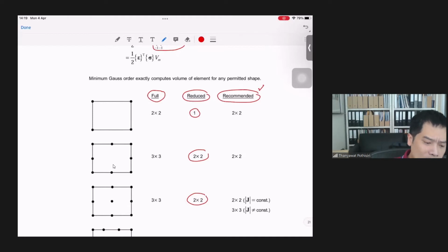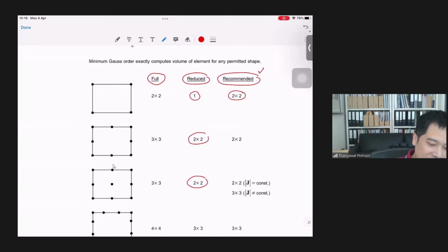Okay, so for 4-node element, even though you can use a reduced order of integration of 1 sampling point, the recommended order would still be a 2 by 2. Okay. For 8 nodes, okay, the reduced integration order is 2 by 2, and you will see that the recommended order would also be 2 by 2 in this case. Okay.